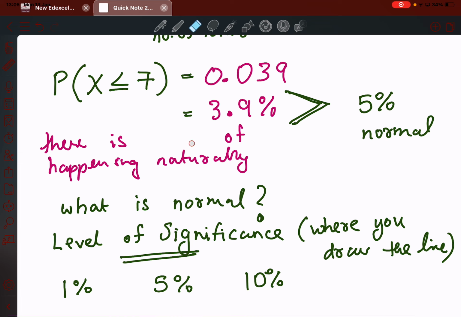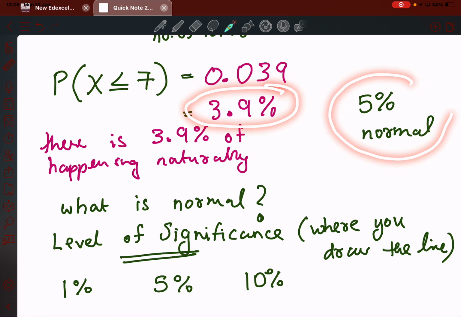So Mr. Thomas's claim being true is only 3.9% true. But in reality, we are saying normal is 5%. So this time, the claim actually came out to be less than 5%. So his claim is not true. Okay? So this is your result. That is where you draw the line.